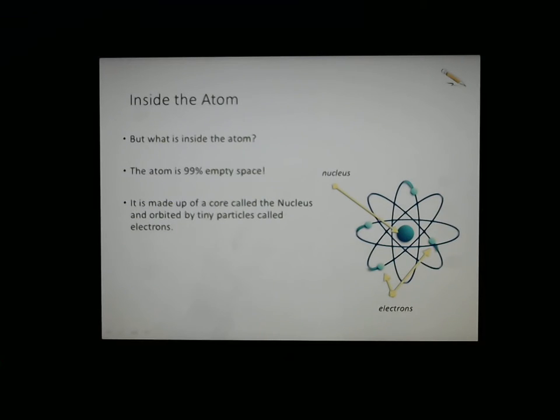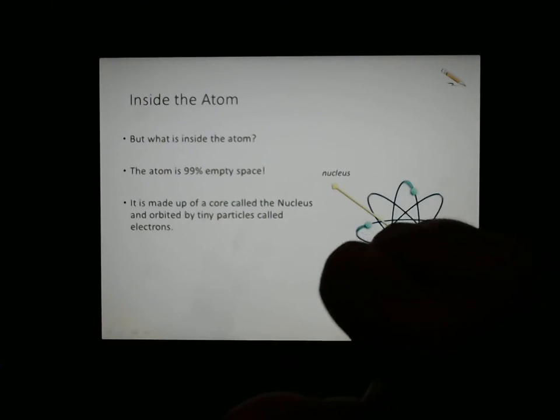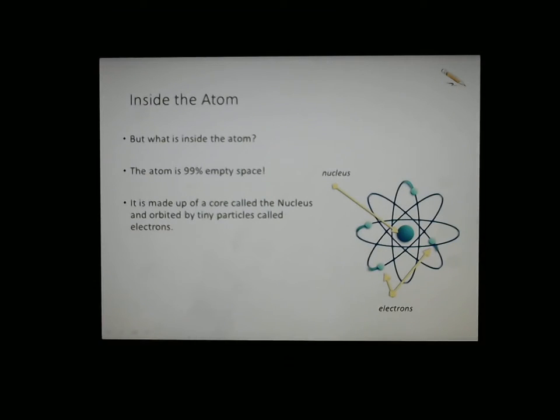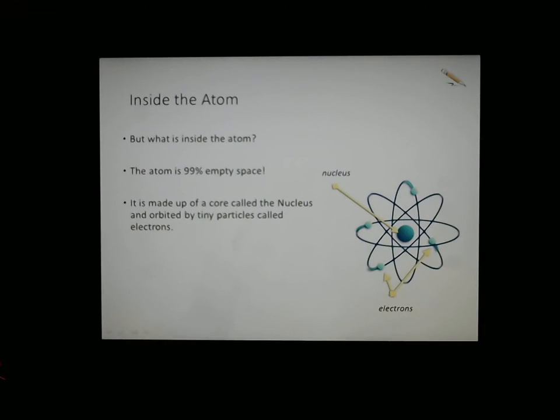The reason I start with this one is we can see A, we've got our nucleus here in the middle, and B, we have some electrons that are much smaller whizzing around it. It does have a lot of limitations, and we will delve into the structure of an atom and how to properly draw electrons and nuclei throughout the rest of Year 9 and into Year 10 a lot as well. However, this is a good starting point, the idea of a bit in the middle and bits going around it.